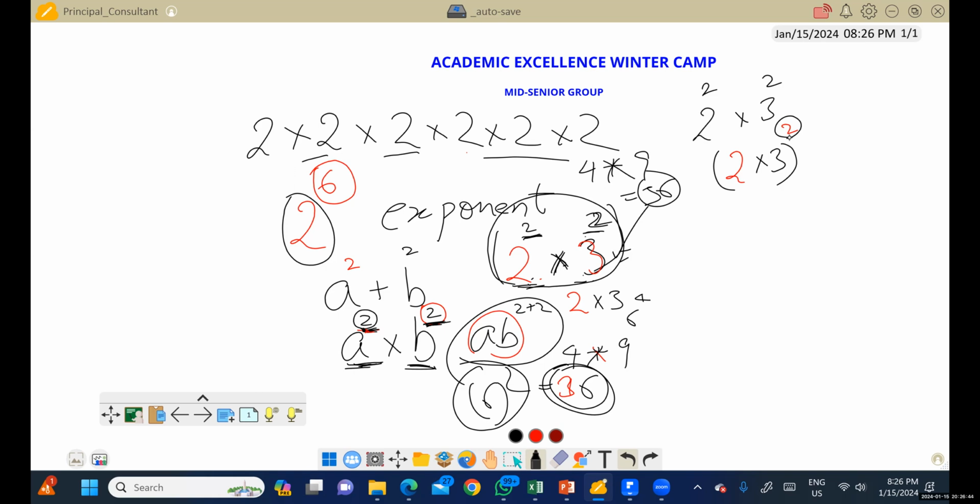If I have, let's say, 2 to the power 2 and 3 to the power 2, here what will be my answer? 4 plus 9 is equal to 13. Correct?